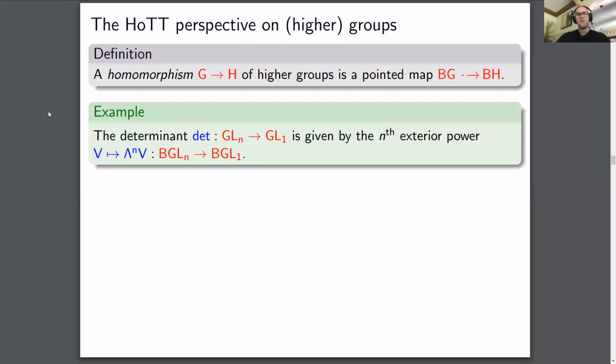And moreover, if we look at how this acts on a symmetry, it gives us the functorial extension of the nth exterior power, right? That sends it to an element of GL1, a number, and by the characterization of the determinant, by certain kind of anti-commutativity properties, that turns out to be the determinant.